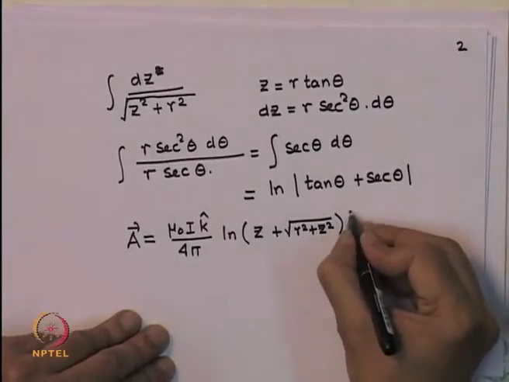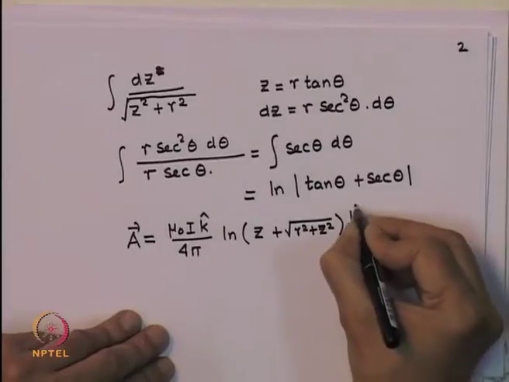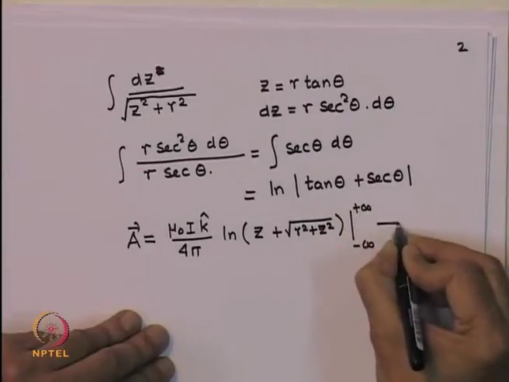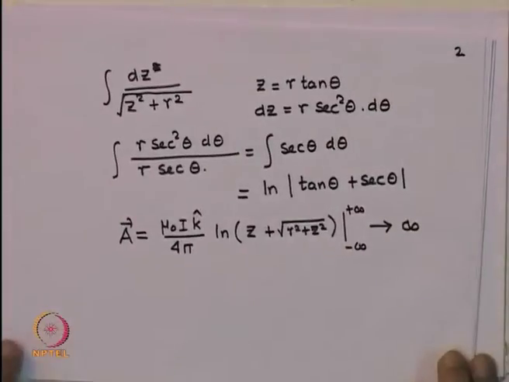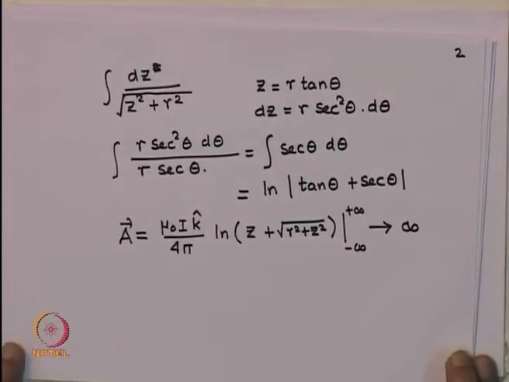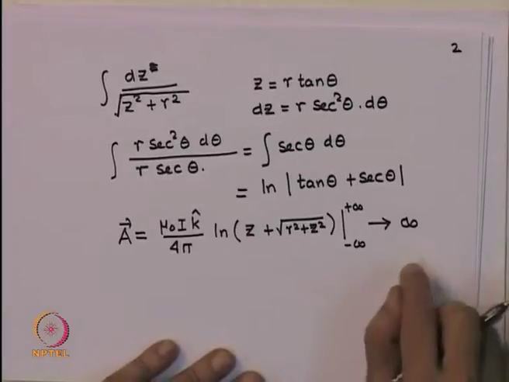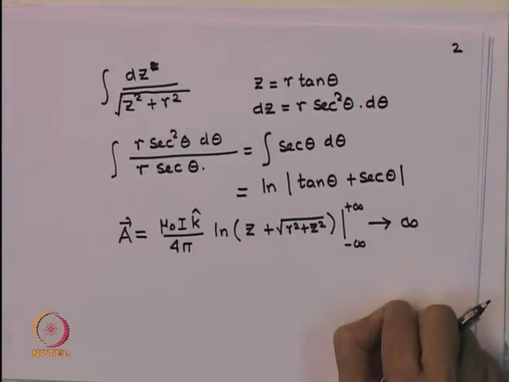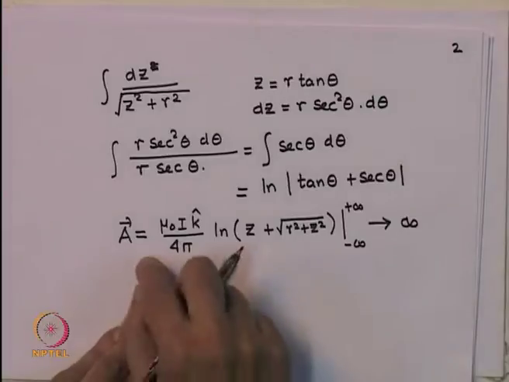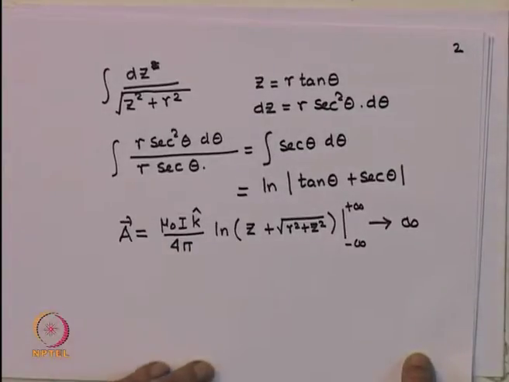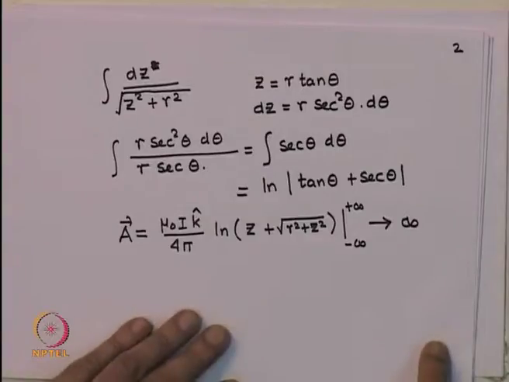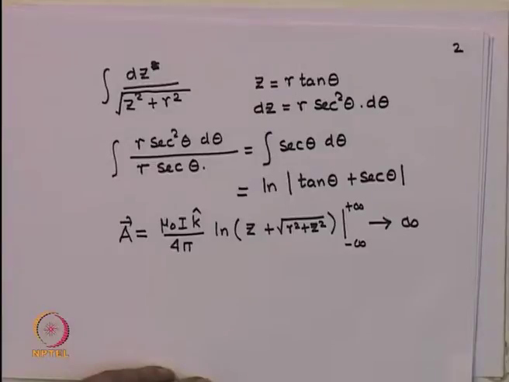And this has to be evaluated from minus infinity to plus infinity, and this result diverges. So this does not quite give me the vector potential if I calculate it this straight way, and the primary reason is that I have an infinite current carrying conductor.